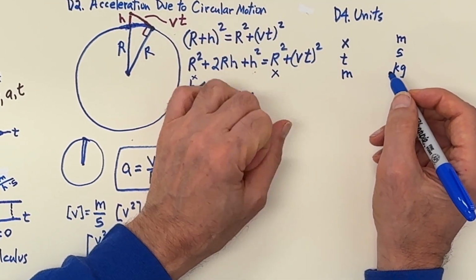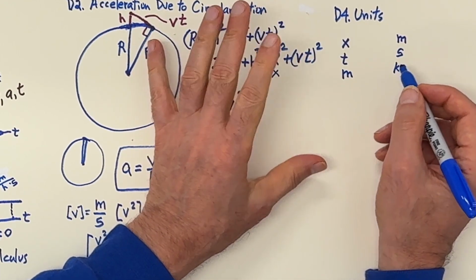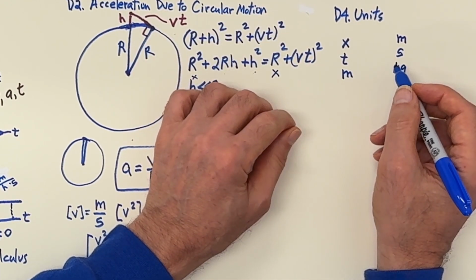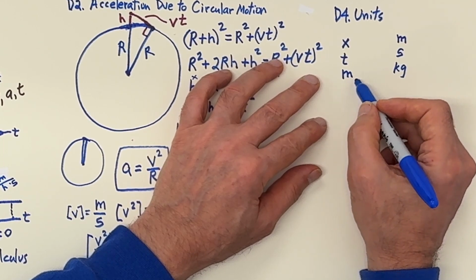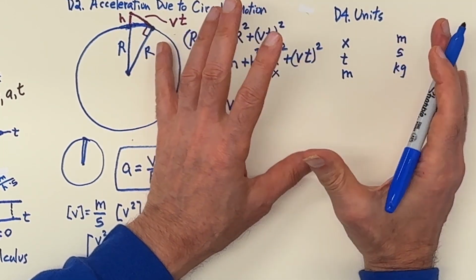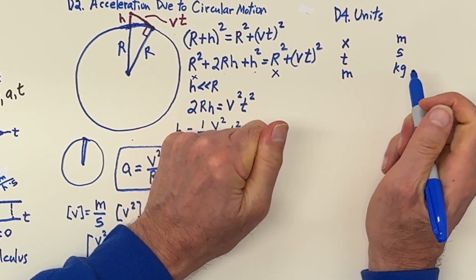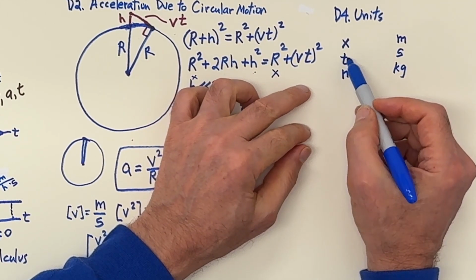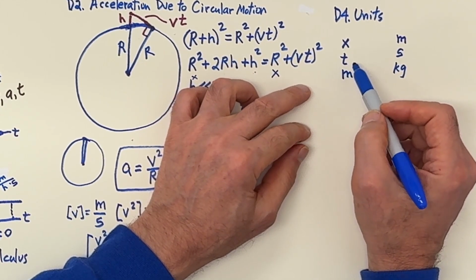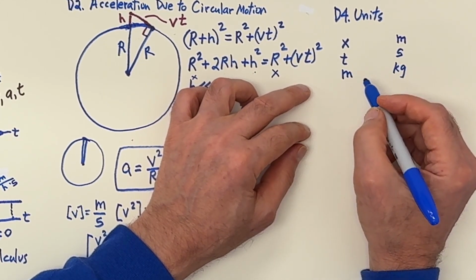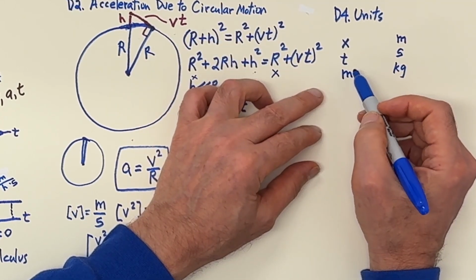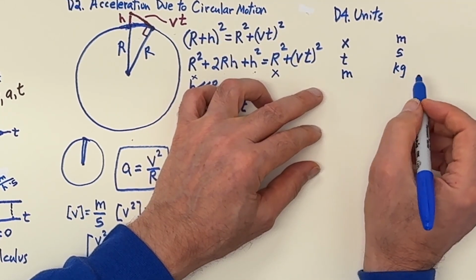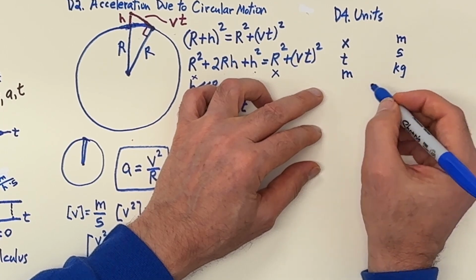May be a problem there with the Kelvin, but even there, you can think of temperature as kinetic energy of particles, and you can get a lot of mileage. My point is, with these three basic ones. In the metric system, there's something like 7 basic ones, but these three will serve our purpose for our course.